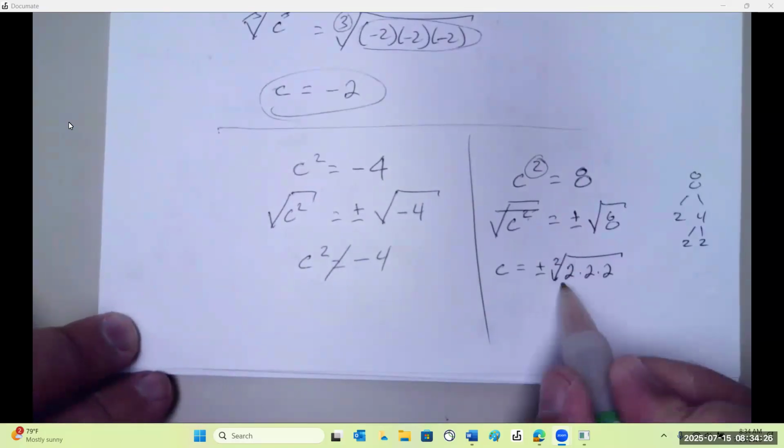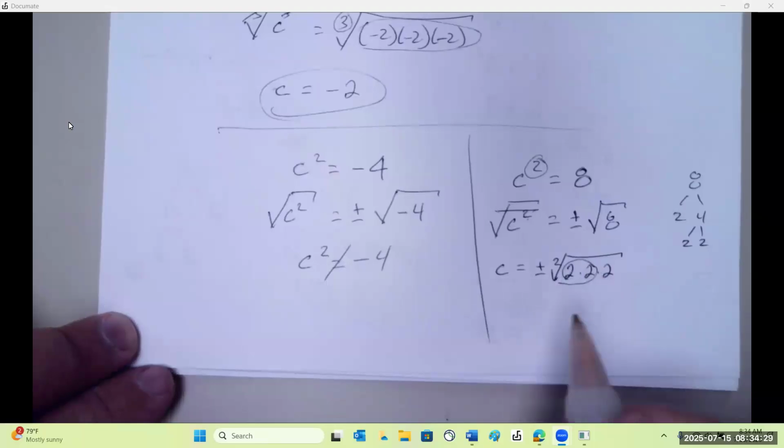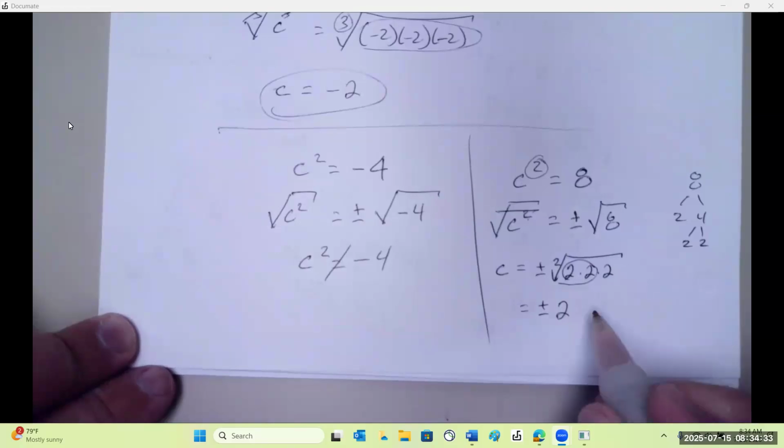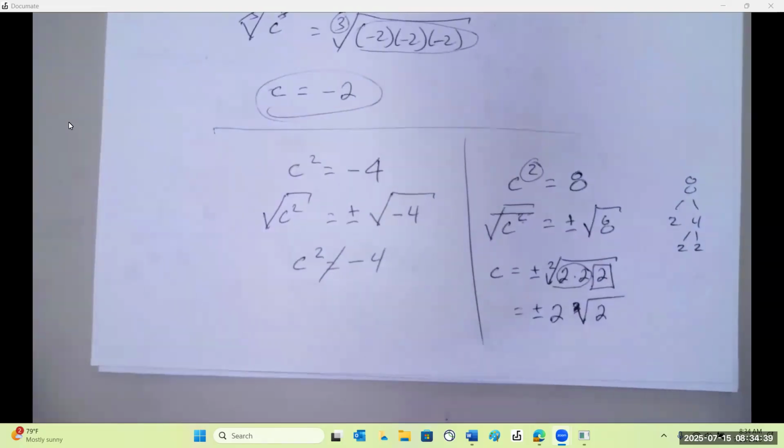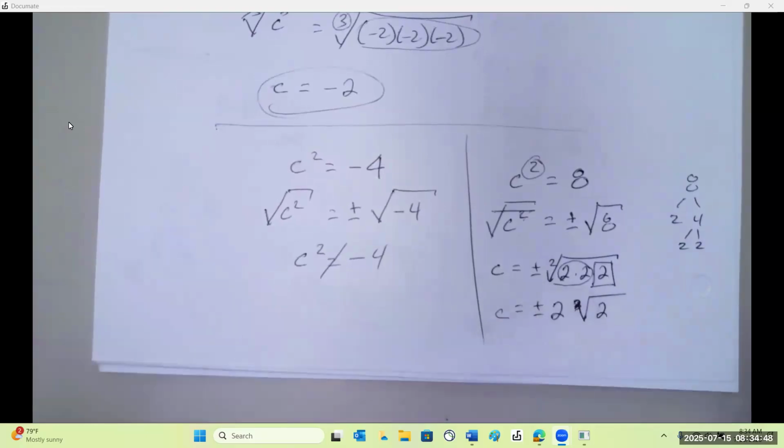It tells me I need 2 of a kind. Here's 2 of a kind. I can put that number out in front. What am I left with? A 2 inside there. So that's what your answer equals.